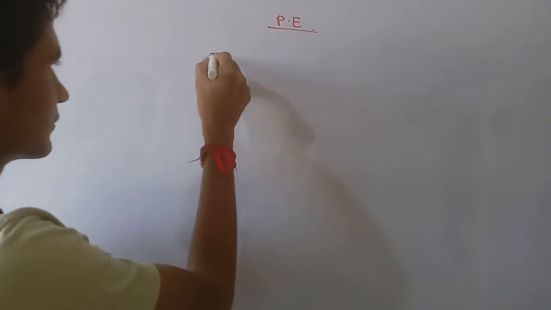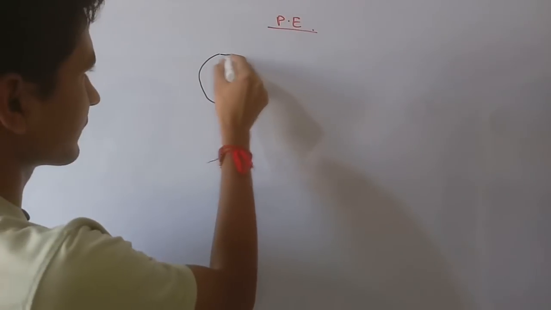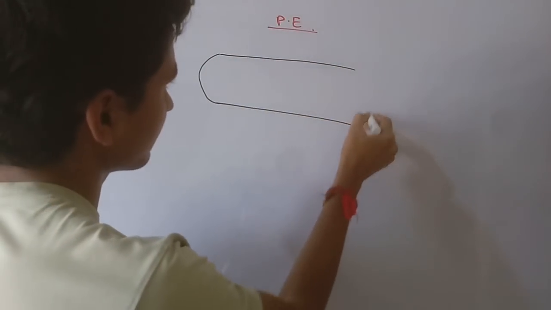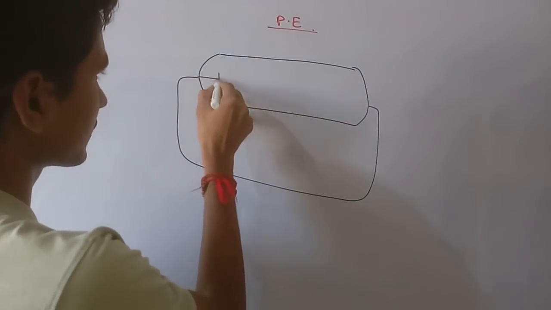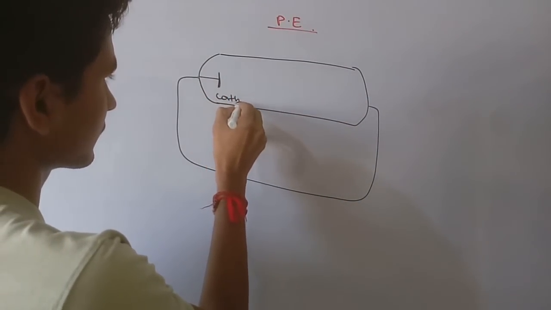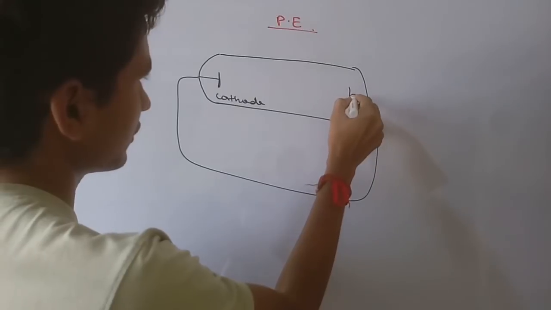Suppose we are doing an experiment. This is your cathode and this is your anode.